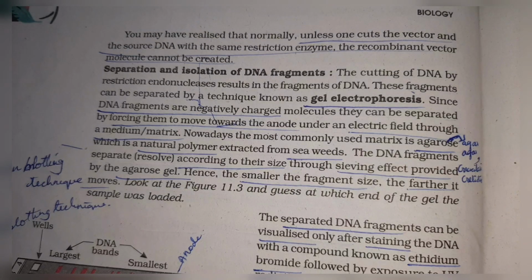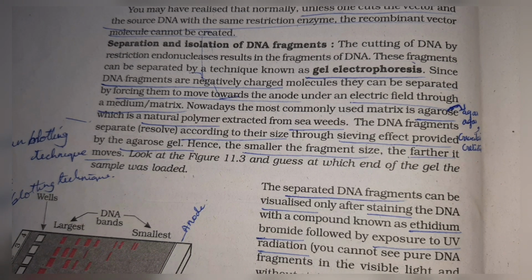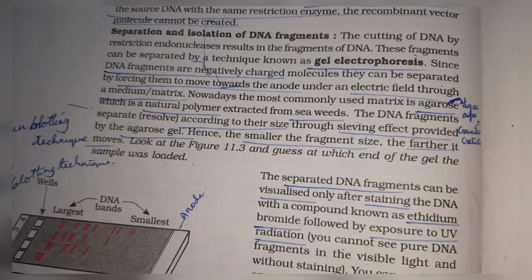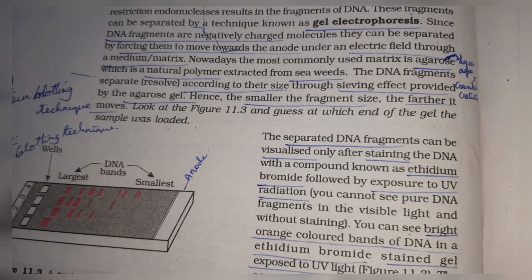DNA fragments are negatively charged molecules that can be separated by forcing them towards the anode using an electric field through a medium or matrix. Nowadays, the most commonly used matrix is agarose, which is a natural polymer extracted from seaweeds. The DNA fragments separate according to their size through the sieving action provided by the agarose gel, hence the smaller the fragment size, the farther it moves.